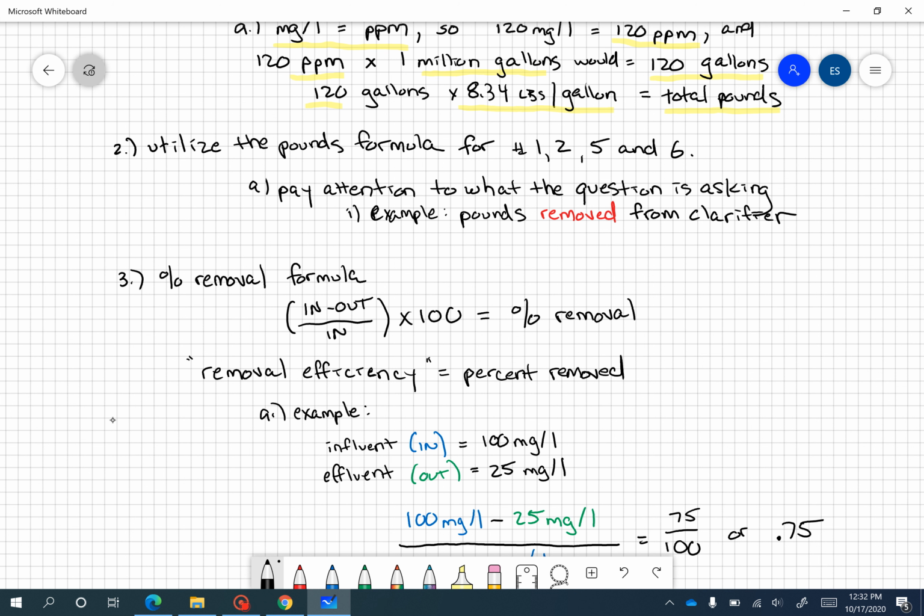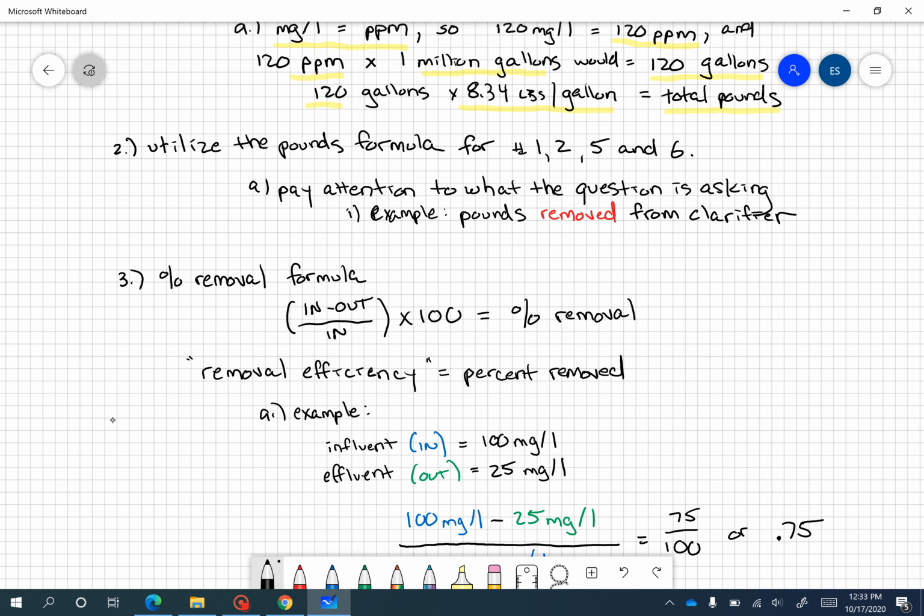So problem number 1, how many pounds of BOD are removed from a primary clarifier? Be careful when you read that question. They're asking for pounds removed. So think about it this way. If 185 milligrams per liter go into the clarifier and 128 milligrams per liter come out, what was actually removed?